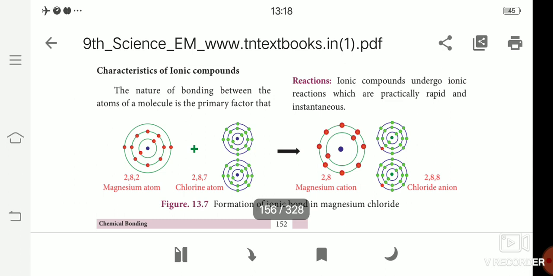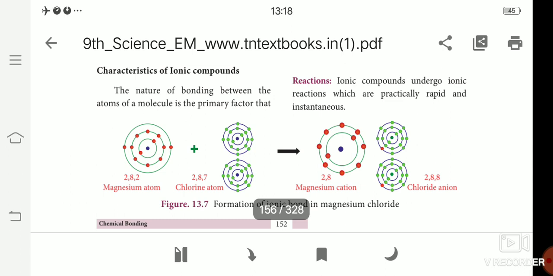So the magnesium atom's second shell is completely filled with 8 electrons, and in the same way each of the 2 chlorine atoms has its outermost valence shell completely filled with 8 electrons. So this is the octet rule electronic configuration, with the examples of sodium chloride, NaCl, and magnesium chloride, MgCl2.